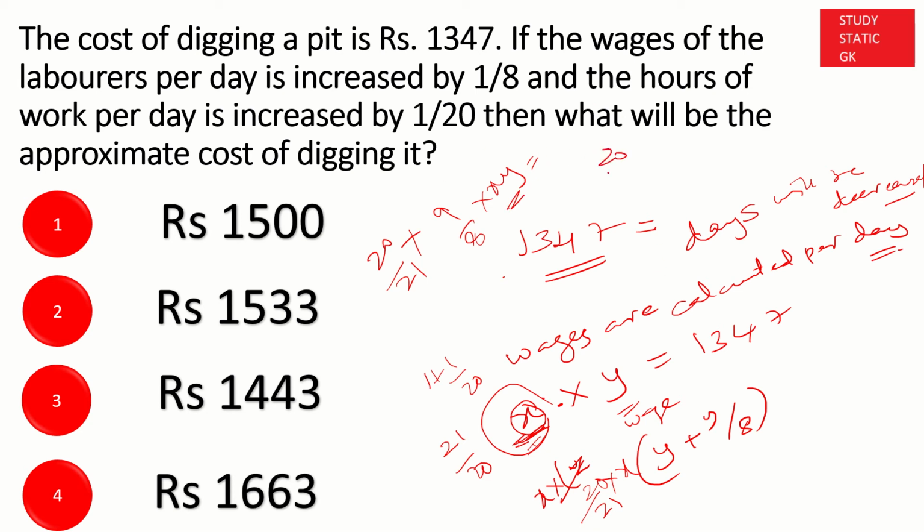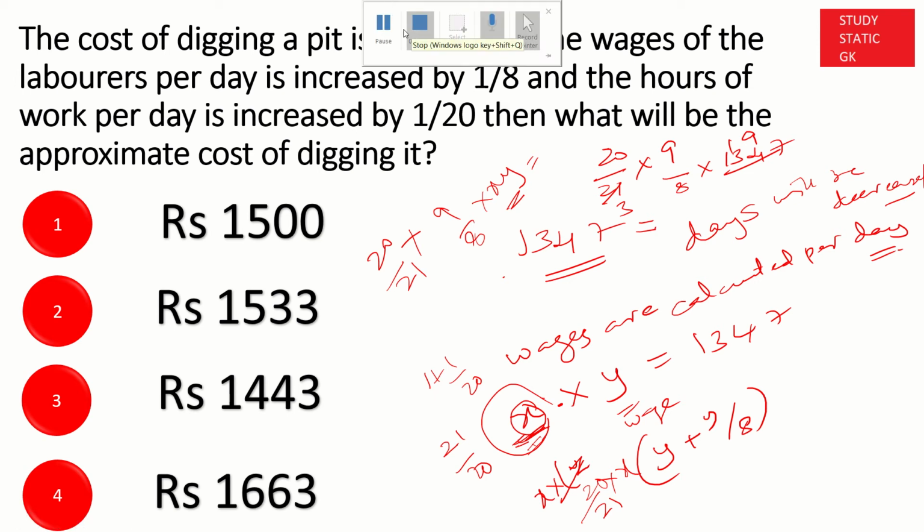So we'll write here 20 by 21 into 9 by 8 into 1347. 7 threes are 21, 7 nines are 63, 7 twos are 14, 7 fours are 28.